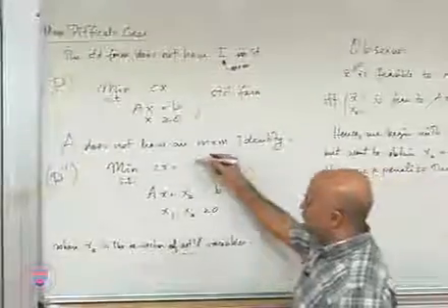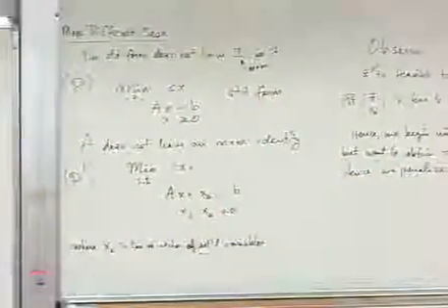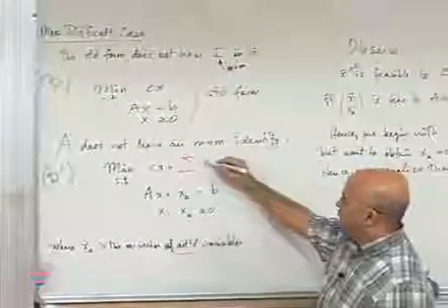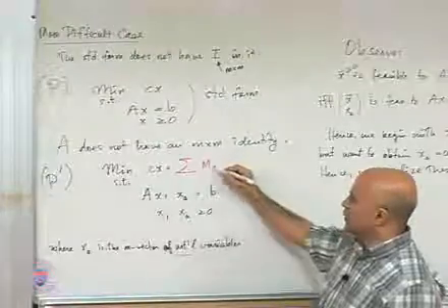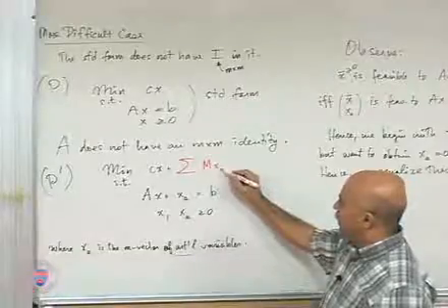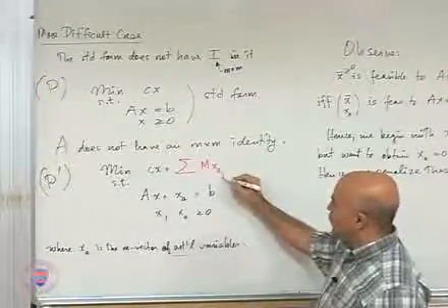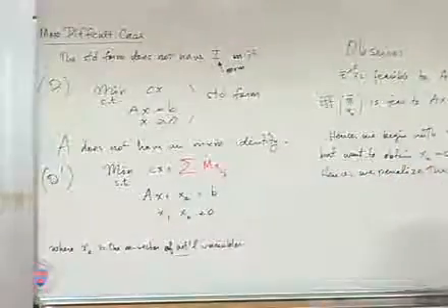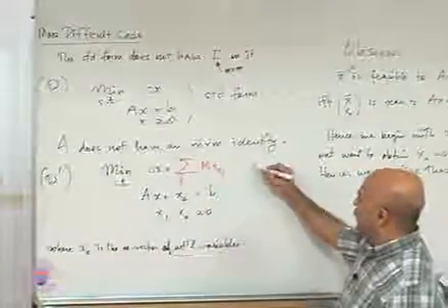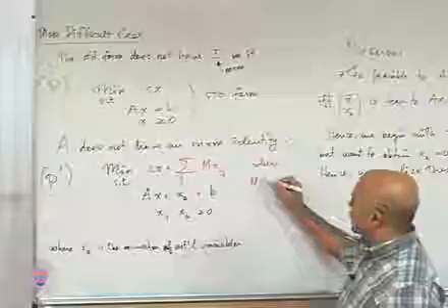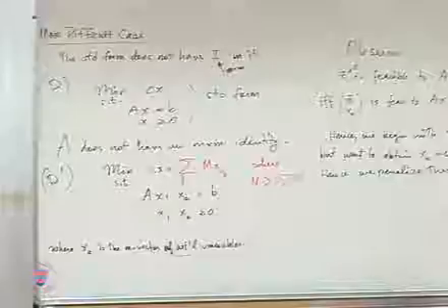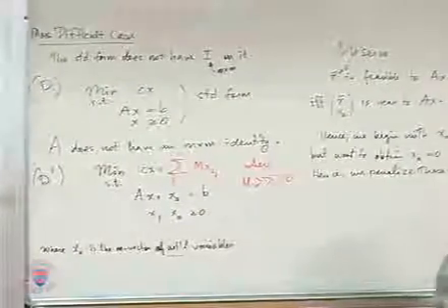Since this is a minimization problem, the penalty is the following. You add a very large positive number M times the artificial variables, say x sub a sub j, where M is a very large positive number, as large as your computer can take, for example.